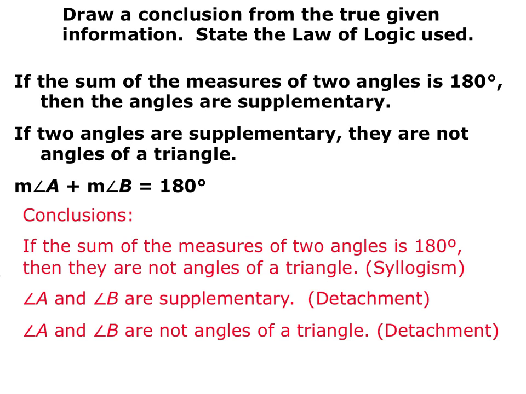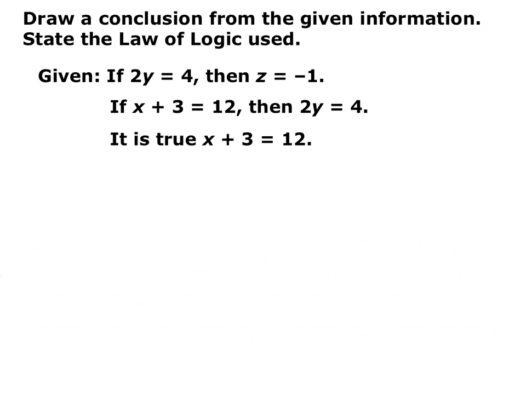That's one thing you could have come up with. If you went further, now that you know that they're supplementary, you could use the second if-then and say that they are not the angles of a triangle. And this was the syllogism one that we did on the last screen. So you're trying to put the facts together in a certain pattern to do the law of detachment or syllogism.